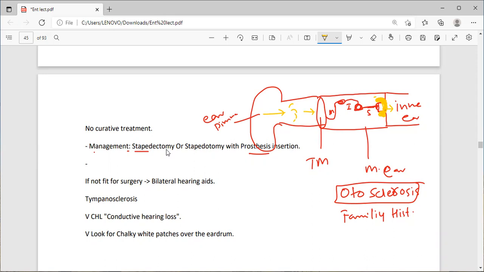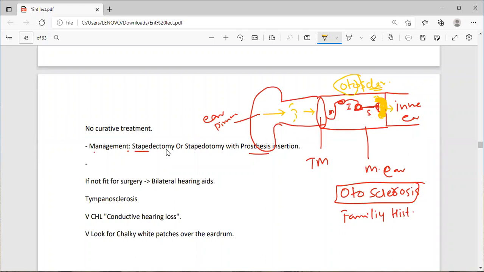This will progress, and at last they won't be able to hear. This is called otosclerosis. Basically, the ear becomes sclerosed with bony tissue.